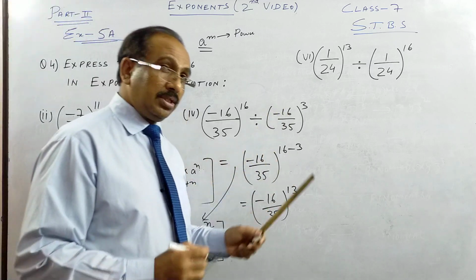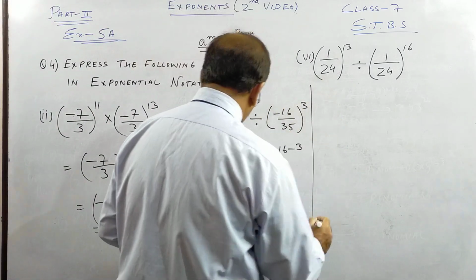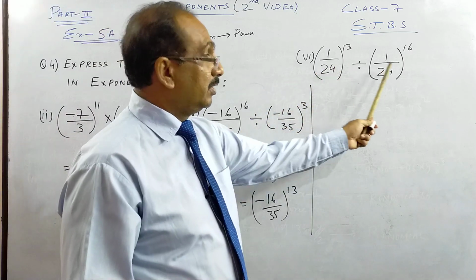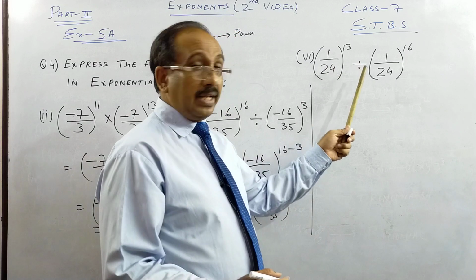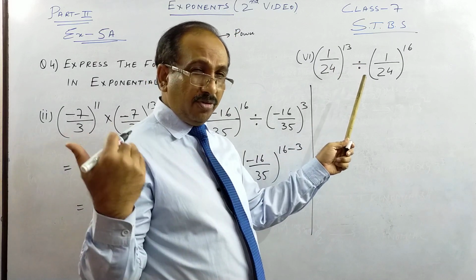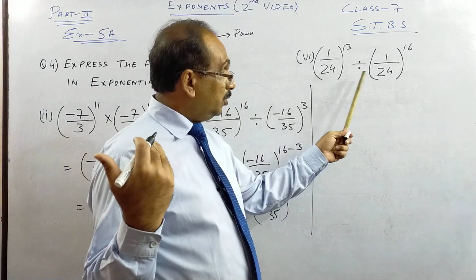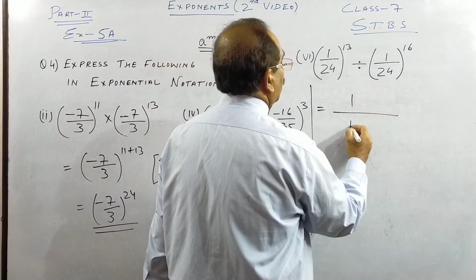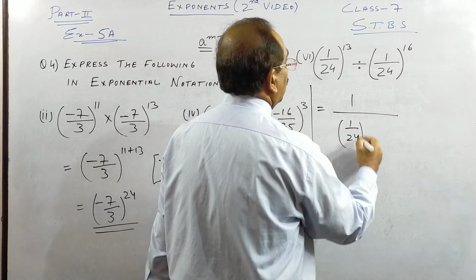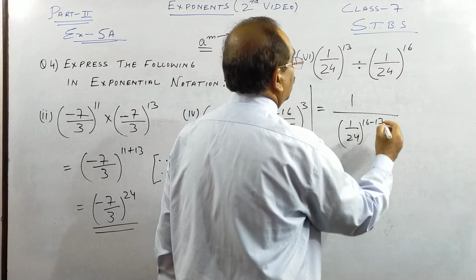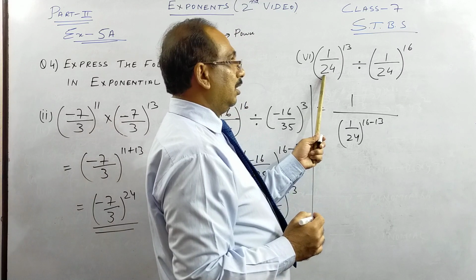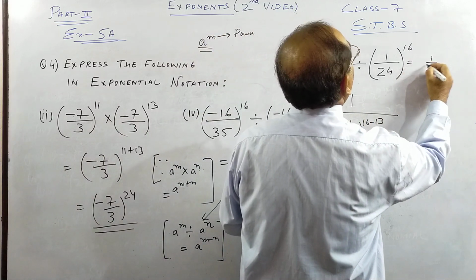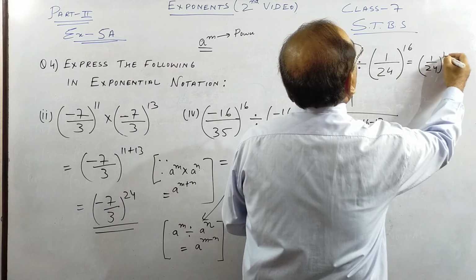Now the final question is a little tricky, children. If we subtract and the first power is smaller than the other, we get a negative answer. Remember yesterday in the formula, I told you there are two formats. Here we write 1 towards the bigger power, and we take the smaller power down. You can write one step like this, 1 by 24 to the power 13.